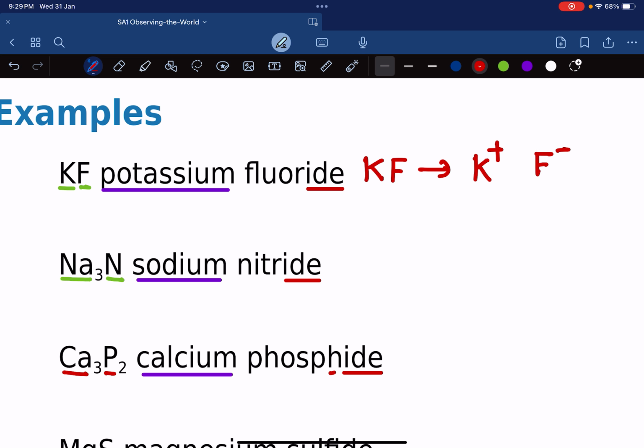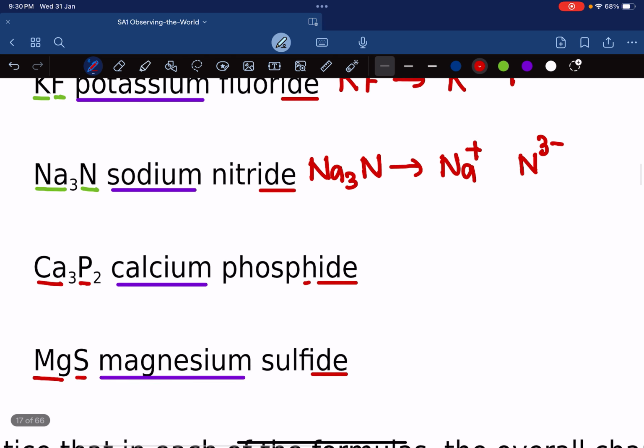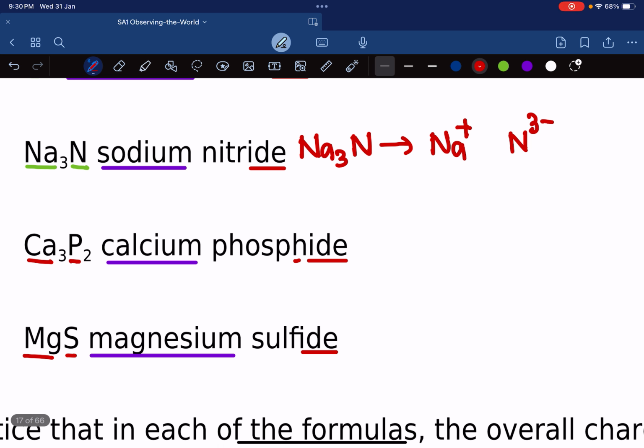You can separate sodium nitride into sodium and nitride. Calcium phosphide you can break up into calcium and phosphide.